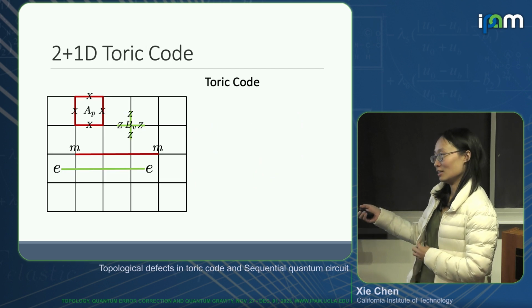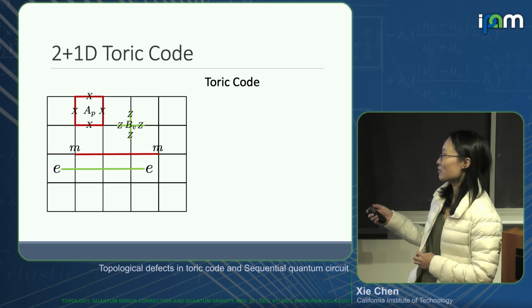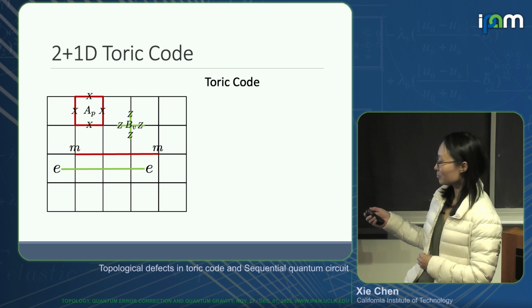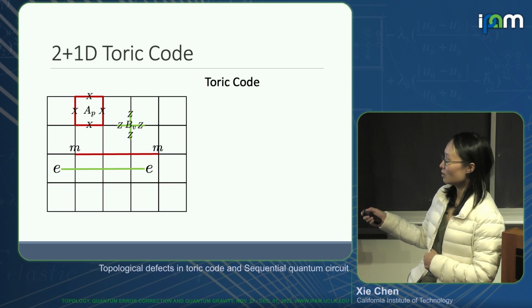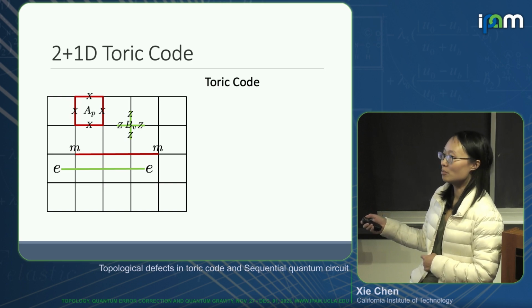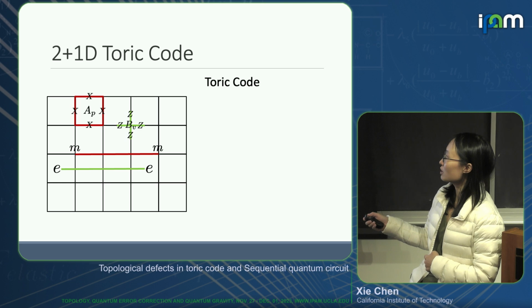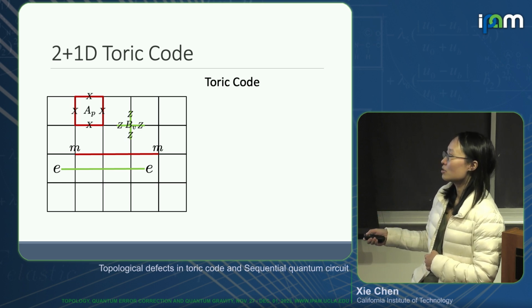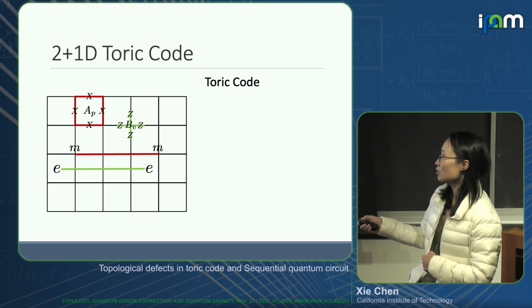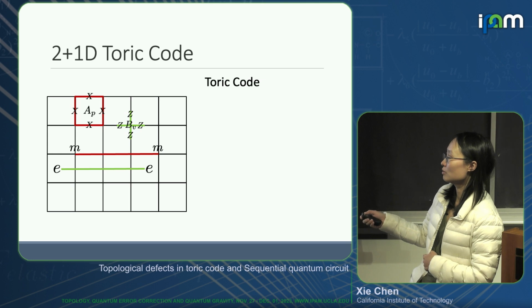And everybody's favorite model, the simplest model, is the 2+1D toric code. This is also most popularly used as a quantum error correction code, where we can consider a two-dimensional square lattice, and the Hamiltonian will involve some plaquette term of sigma x and some vertex term of sigma z.